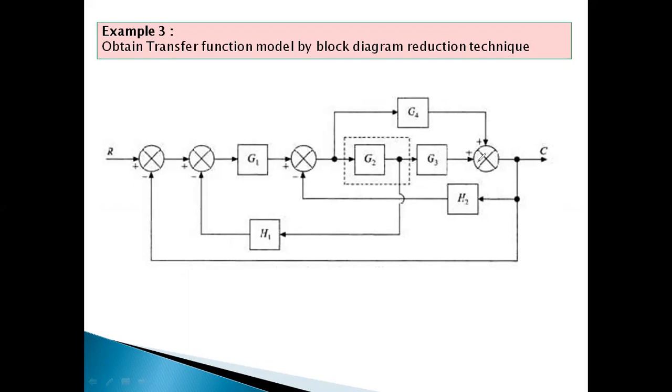So in that case, if we move this takeoff point in this direction, that means this is forward direction, in reverse direction ahead of the block, a block G2 is added when a takeoff point is moving in the backward direction.